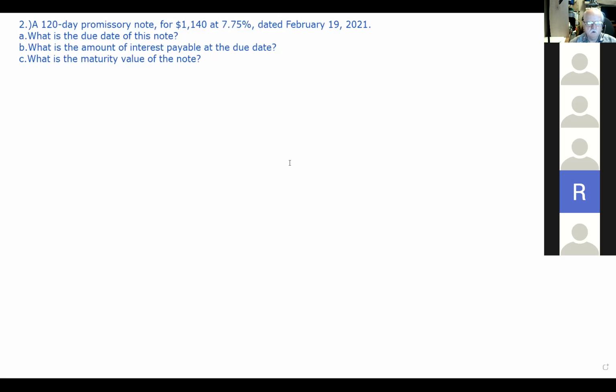So a 120-day promissory note for 1,140 at 7.75% dated February 19th, 2021. So we need to do the same thing, basically.